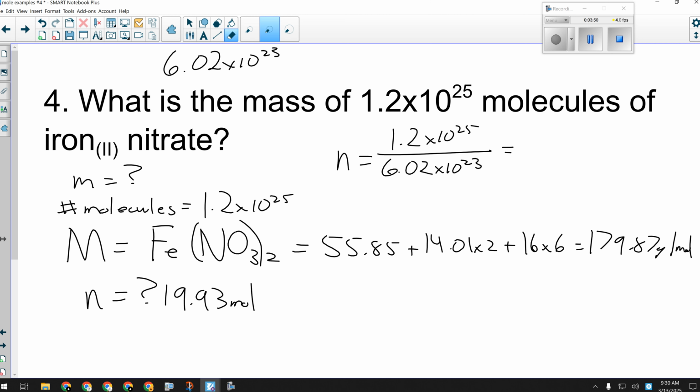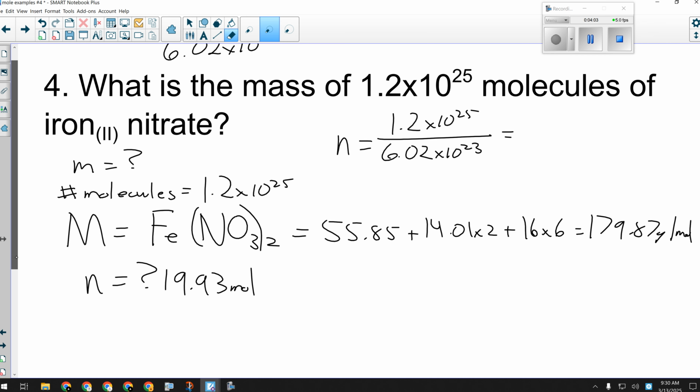Now, do I keep all the numbers in my calculator until the very end? Only ever round your final answer. Don't round anything else. Keep all the decimals. Now that I have n and big M, I can get little m. n equals little m over big M. As always, we multiply both sides by big M, and we're looking for little m.